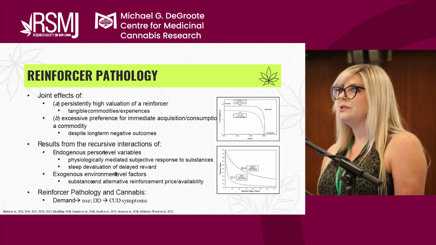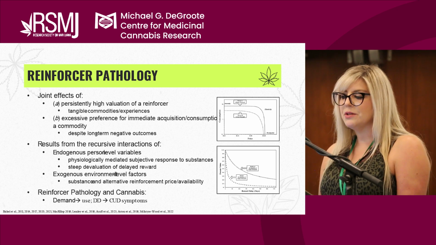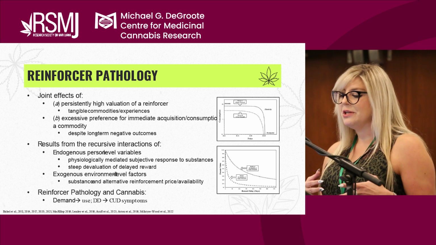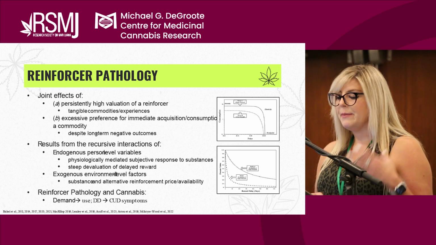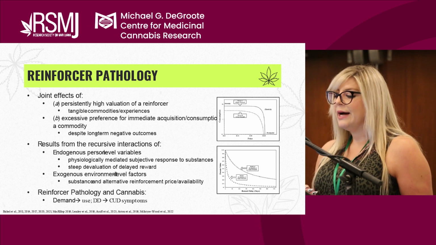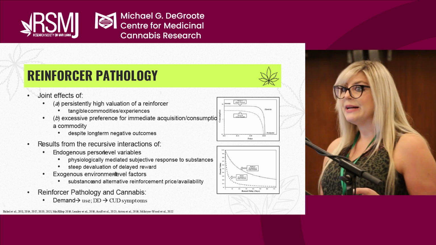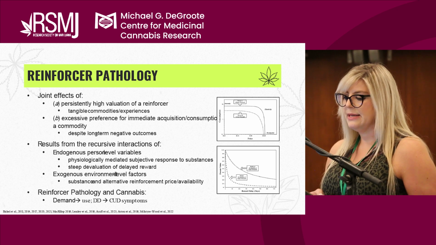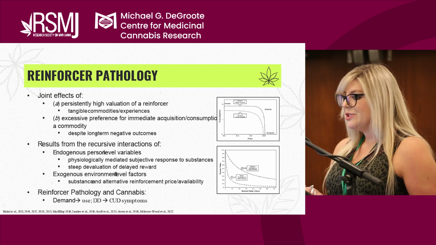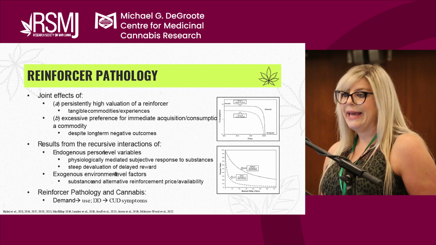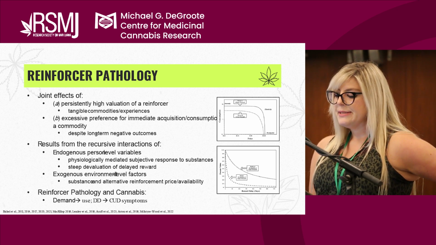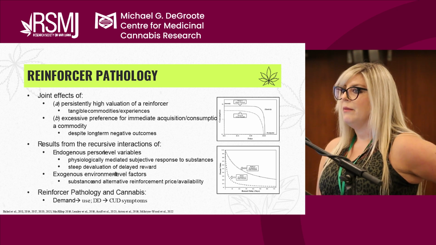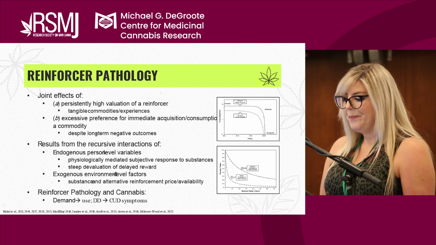And we can apply this to cannabis. This reinforcer pathology develops over time, and it results from a recursive interaction between endogenous and exogenous variables. So these typically include various physiologically mediated subjective responses to cannabis and other substances, devaluation of those rewards that are delayed, and then different kinds of environmental level variables like alternative reinforcement, availability, price, things like that.